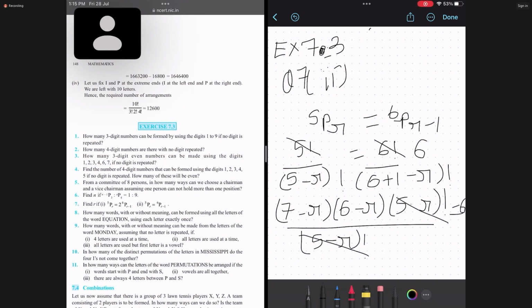Cancelling this out, this has been the same procedure that we followed in the first question as well, and we are going to solve this as well.